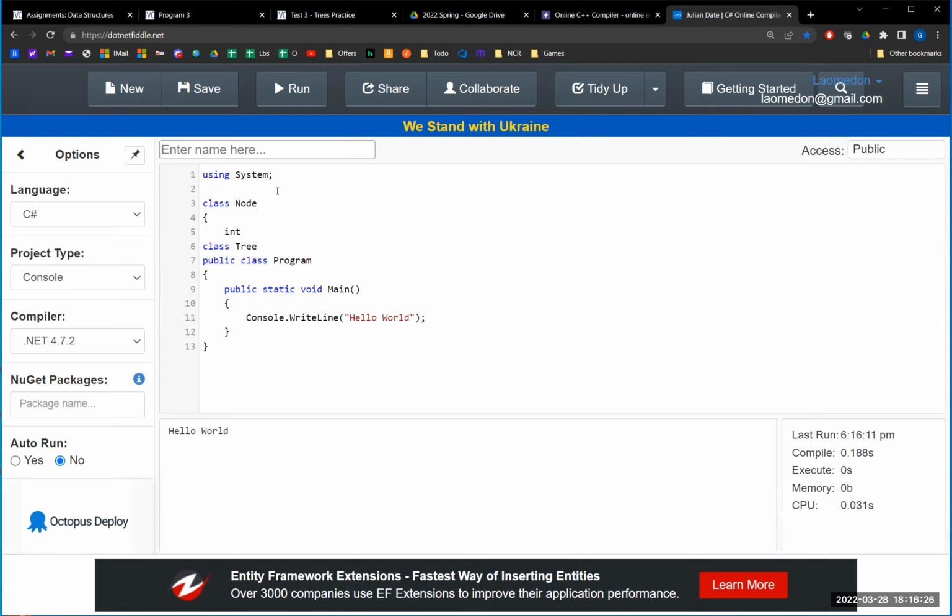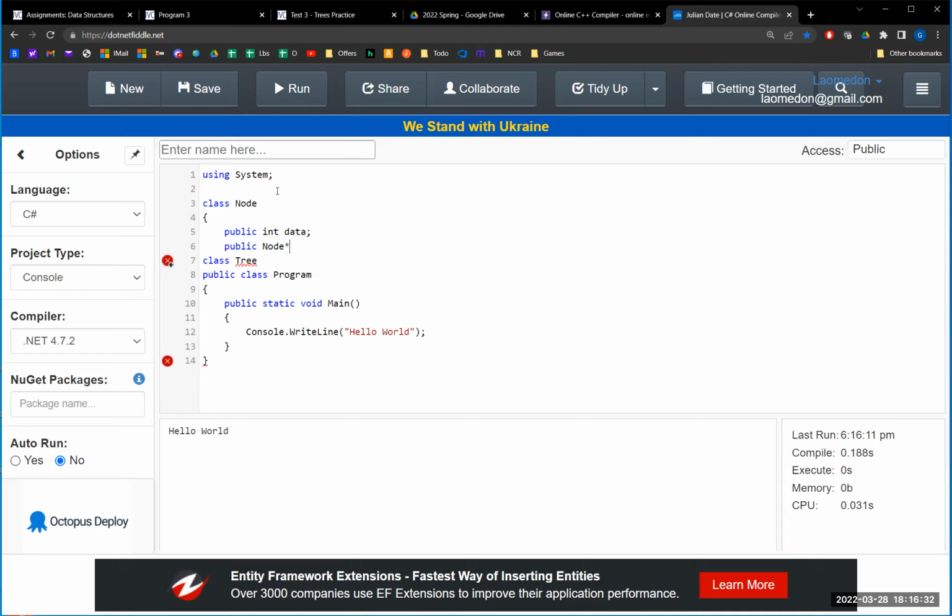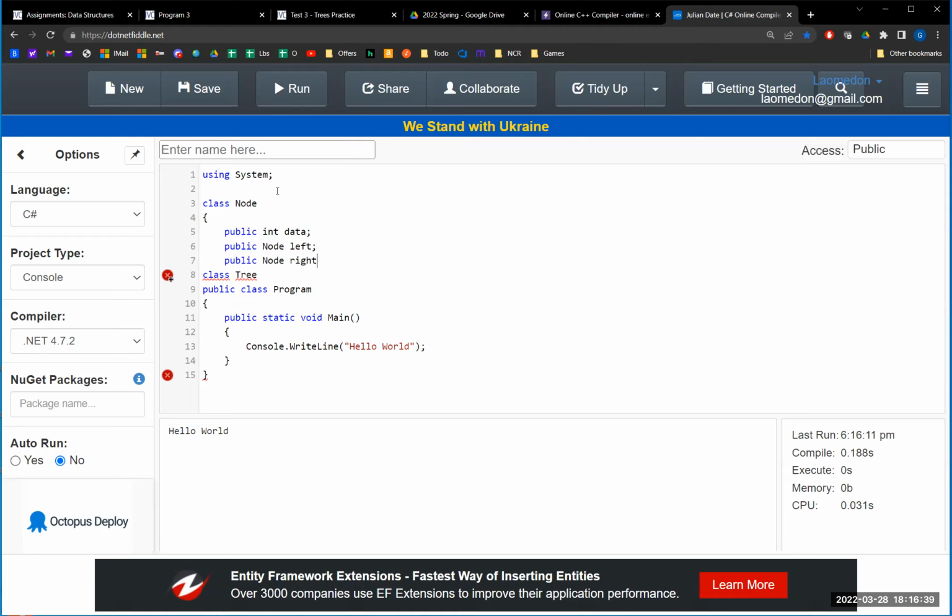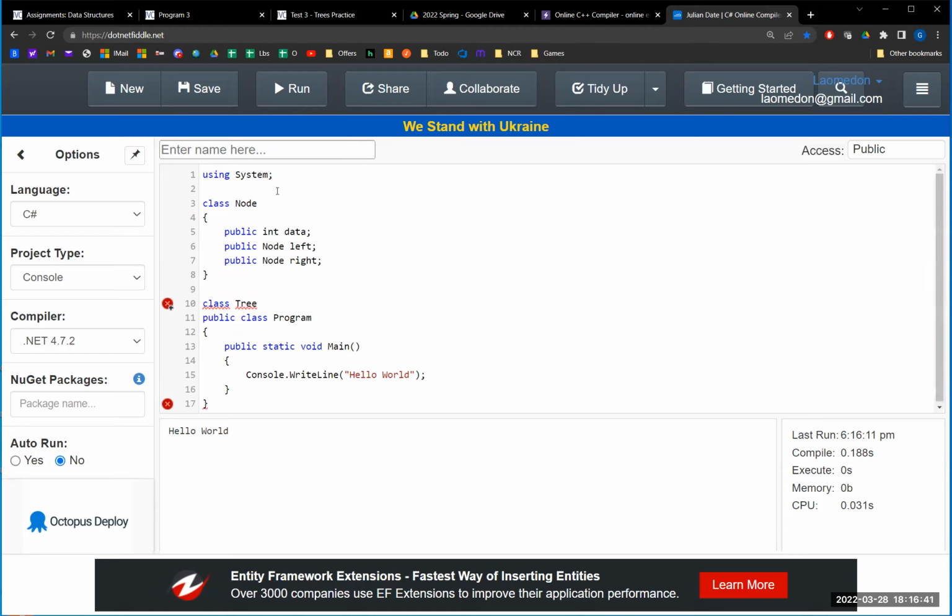Let's see. All right, this is C# just because I'm going to be doing C# much faster than I am going to be doing C++. That's why I'm using this. All right, so height.